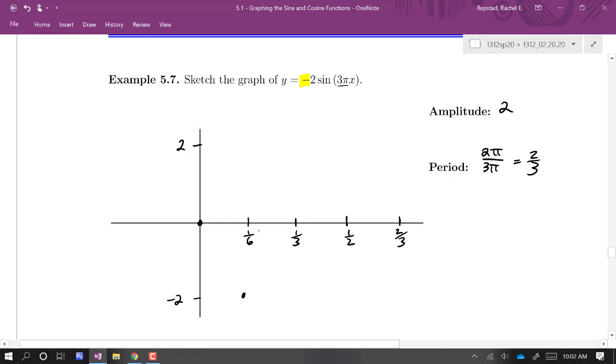So it starts at 0, goes down. The rest of the points practically fill themselves in. We're back at 0, then we're up at our peak, and then down at 0 again. So it looks something like this.